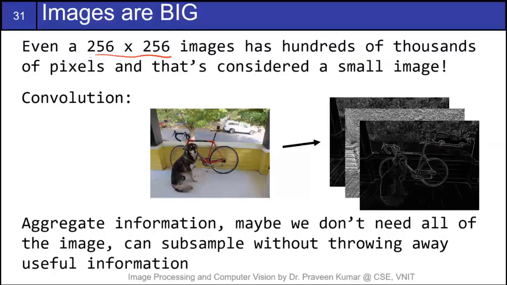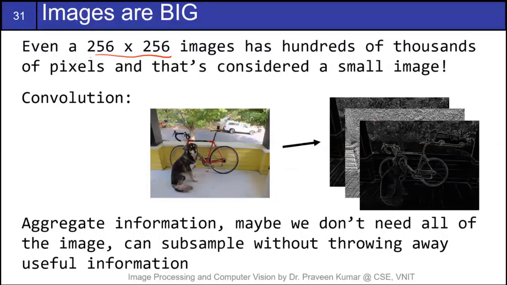So we would like to reduce the size of the dimensions of the images in an effective way. One effective way is a subsampling operation, because once we do a convolution operation and extract features, we get these outputs. These are just illustrations, let us say these are edge detectors and something like that.